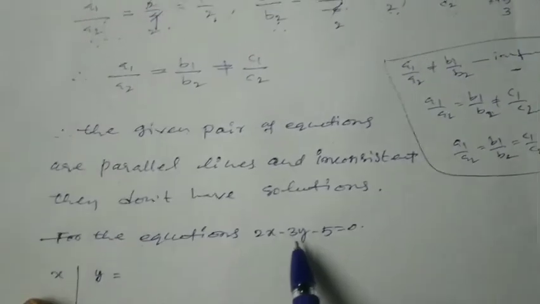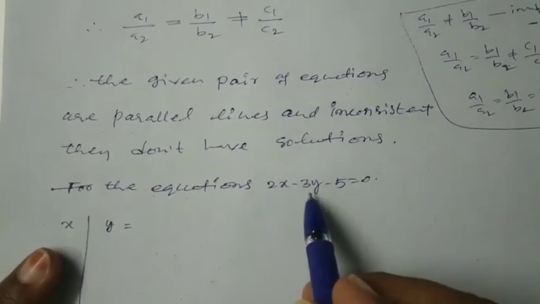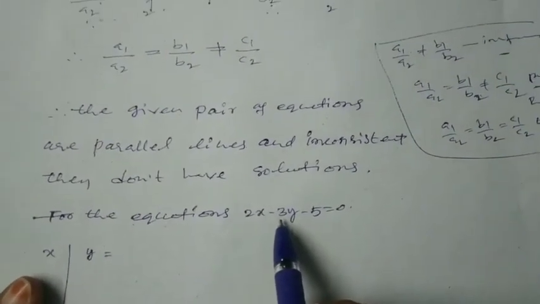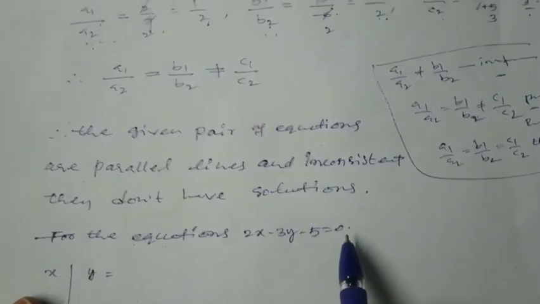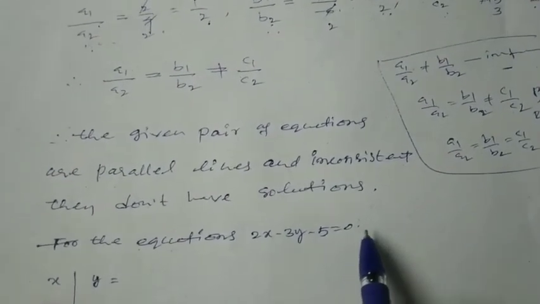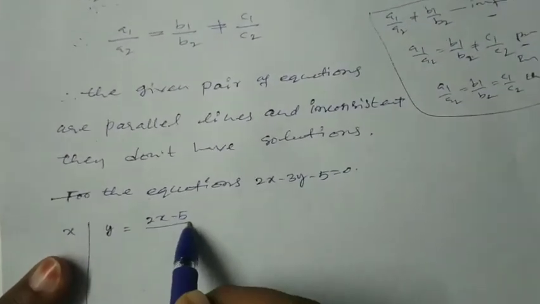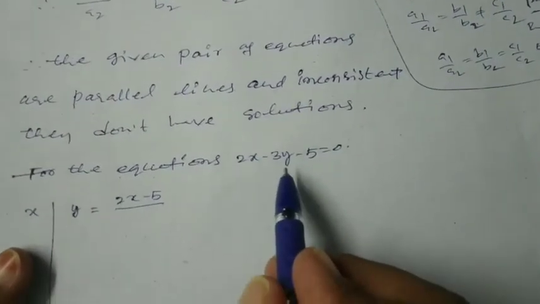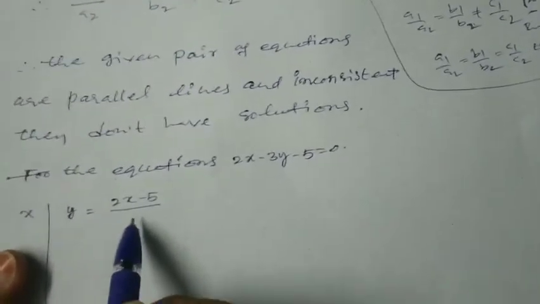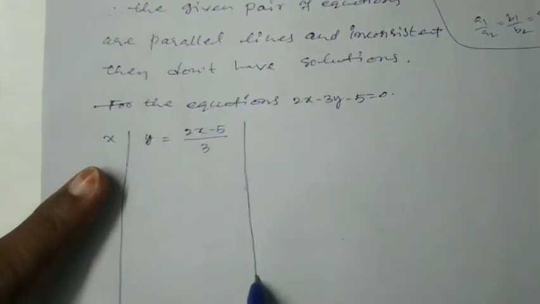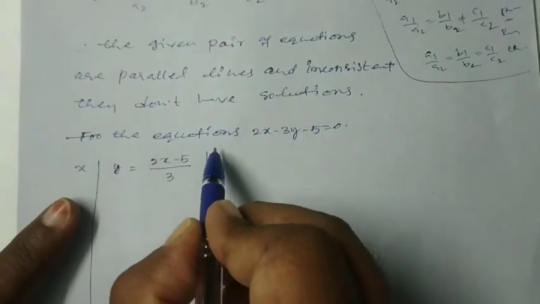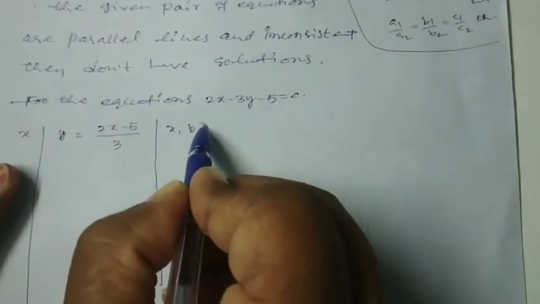From this given equation we are going to write y as the subject. Minus 3y transfer to the RHS, it will change as plus 3y. 3y equals 2x minus 5, the 3 also transfers to that side. It divides, y equals 2x minus 5 by 3. Okay. Next, x comma y.